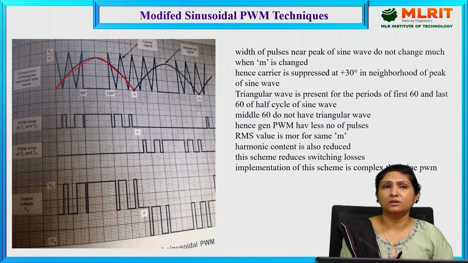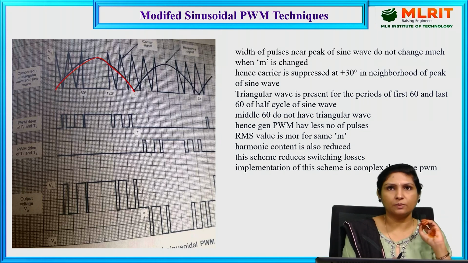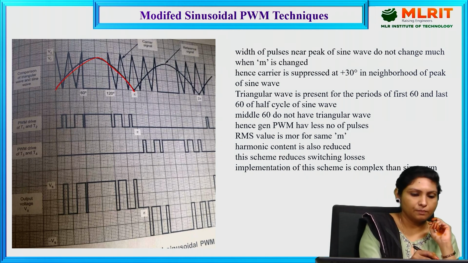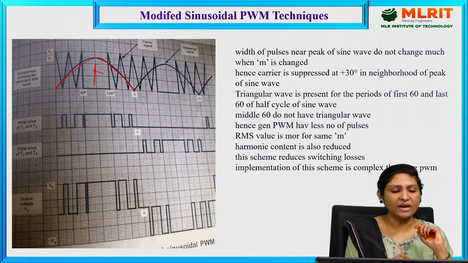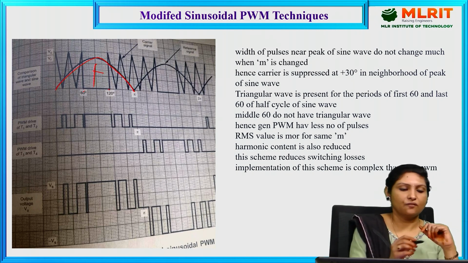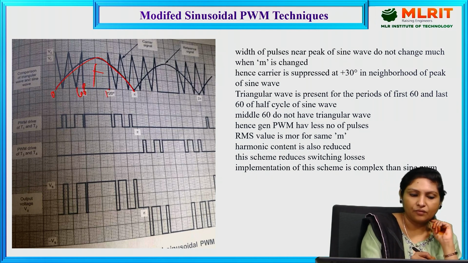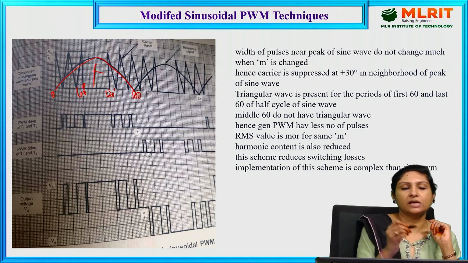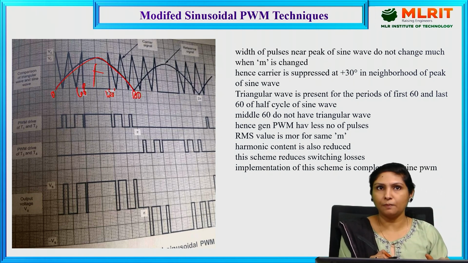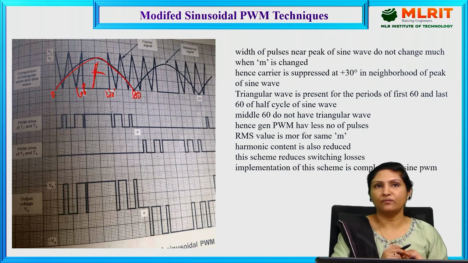And if you ask me what is the difference between the sinusoidal pulse width modulation technique and this modified technique, it is that within plus or minus 60 degrees of this particular sinusoidal waveform, the triangular carrier wave will be absent. The carrier wave is present from 0 to 60 degrees of the sinusoidal waveform, and at the same time from 120 to 180 degrees. And in this mid path, the carrier wave will be absent.